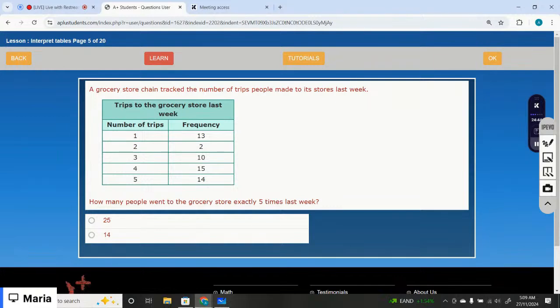So, which is the correct option? That is 14. Option number 2 is the correct option.